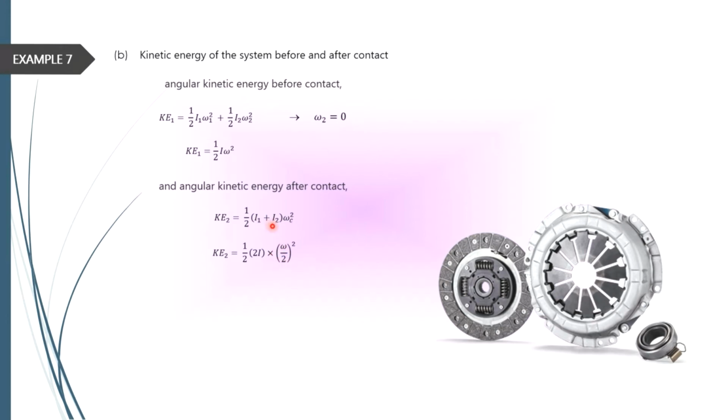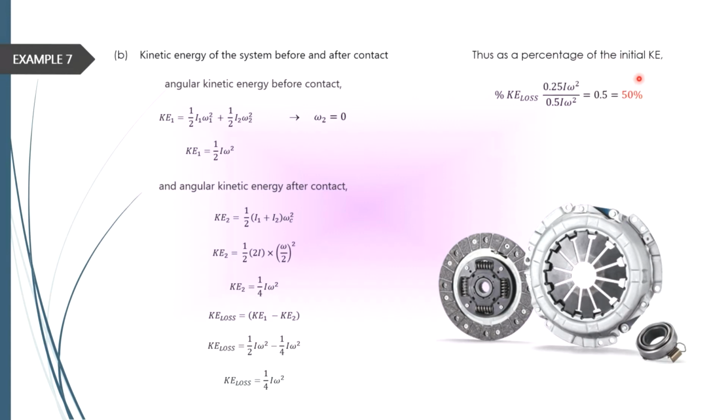And then the I are all identical, so I1 plus I2 becomes 2I. So the final kinetic energy is equal to 1 over 4 of I omega squared. That is the amount of kinetic energy loss. Then this as a percentage of initial kinetic energy.